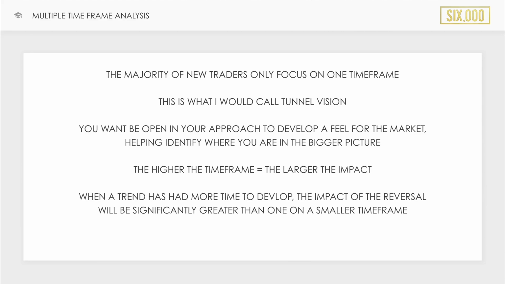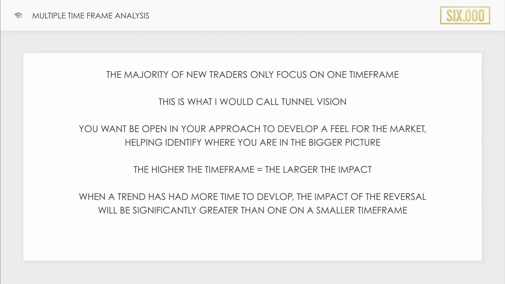For example, when a trend has had more time to develop, the impact of the reversal will be significantly greater than one on a smaller time frame. So we can agree, if we have a harmonic pattern on the daily chart, a bearish bat for example, and we experience a reversal, a successful trade, the impact of that trade alone will be greater than a bearish bat on the 1 minute chart.